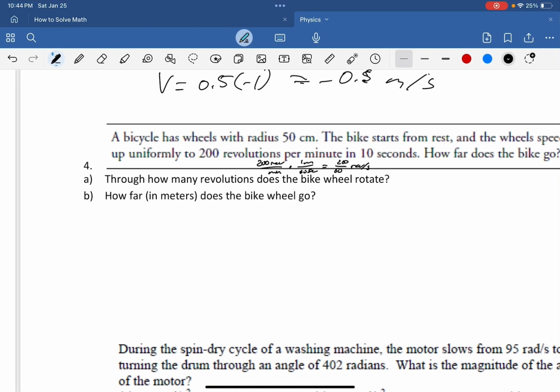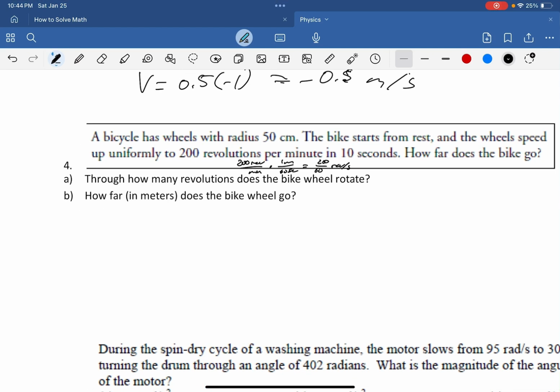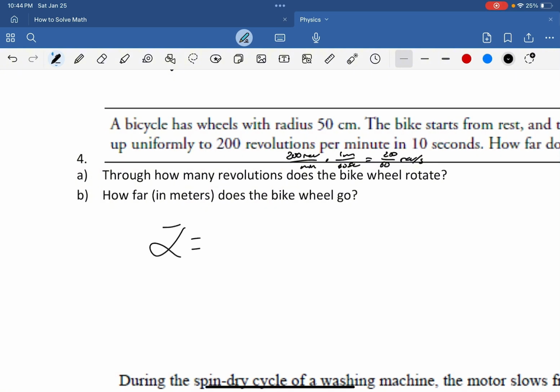So let's say 200 divided by 60 divided by 10, 0.333, and then 0.333.